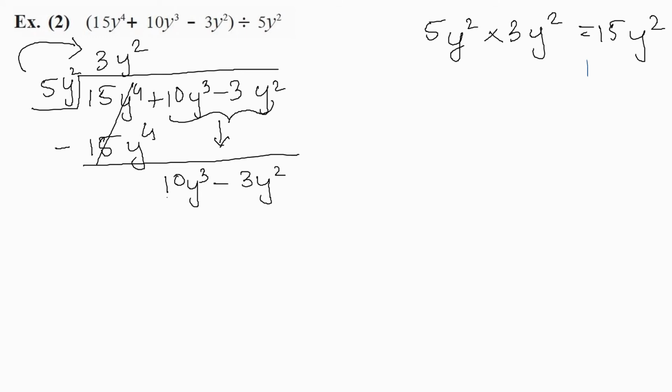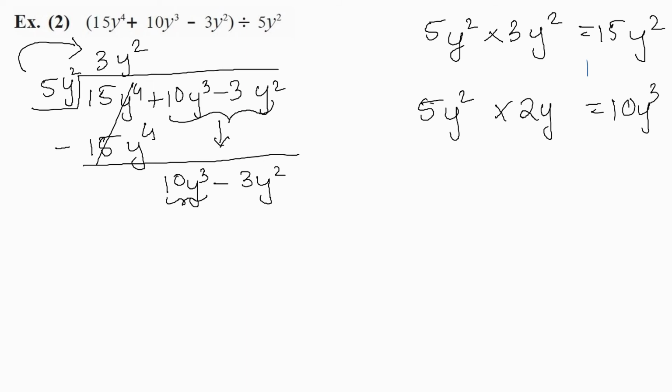Now you go on to the second term, that is 10y cube. Now as we know, our divisor is 5y square. Now my second term I need to get is 10y cube. Since your divisor is 5y square, if you multiply 5y square with 2y, you will get 10y cube.